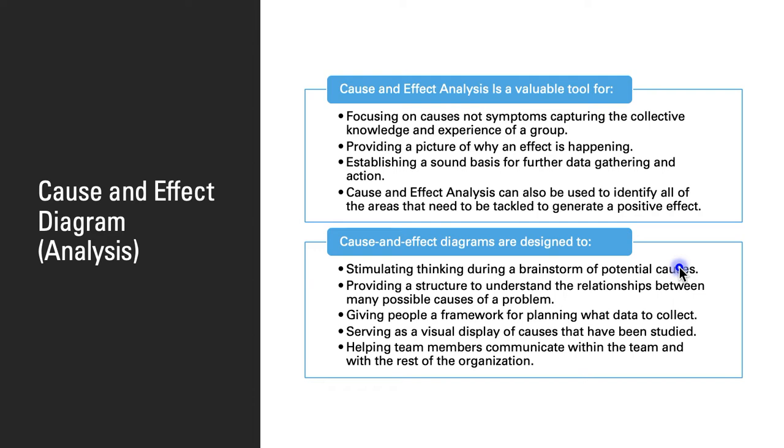Fifth, helping team members communicate within the team and with the rest of the organization. So actually, the cause and effect diagram is a common tool. Just like with a flowchart, if you want your colleagues within the audit team to understand your analysis, the fishbone map or the cause and effect diagram is a good tool because you have the same understanding of what the tool means.